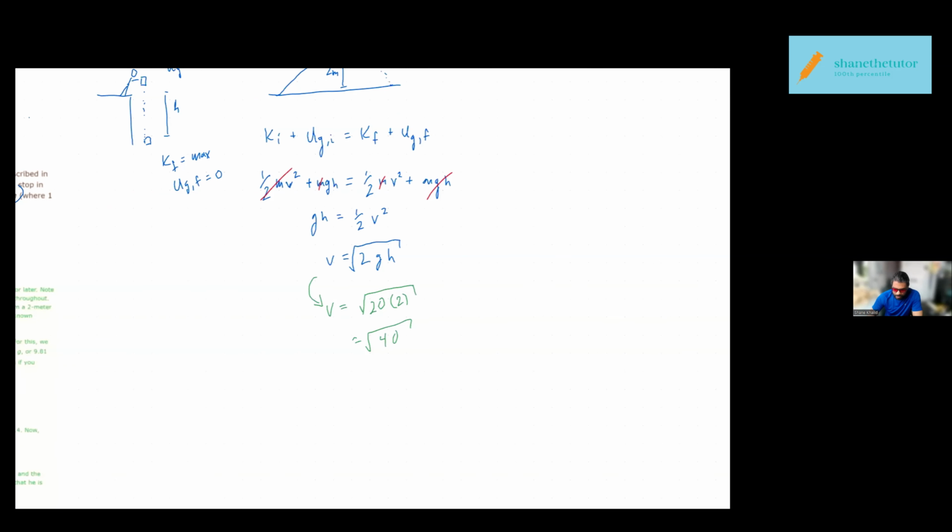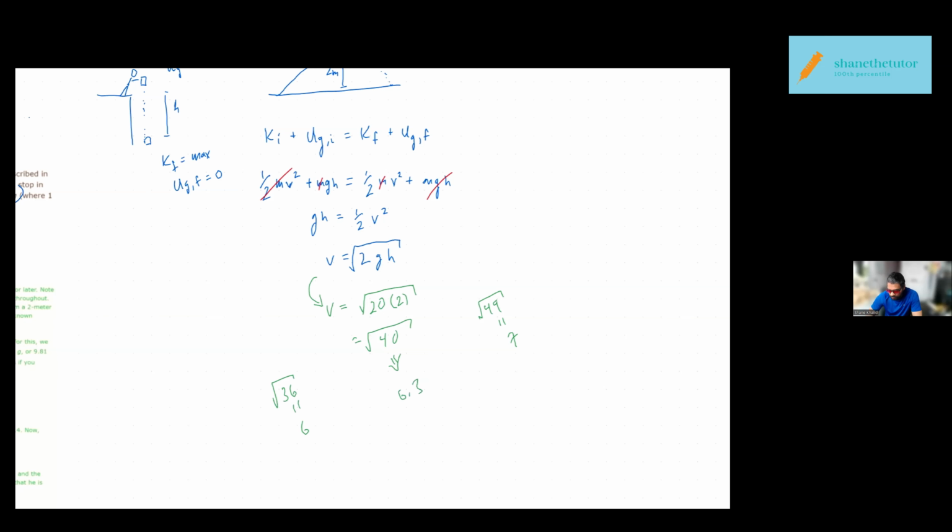Because we can have radical 36, which is a 6, that's below the 40. We can have radical 49, which is the 7, which is greater than radical 40. So our answer has to be, for radical 40, something between 6 and 7, right? It seems like it's 4 away from the 36, and it's 9 away from the 49, so I would say it's a little bit less than 6.5. I'm going to say maybe 6.3, something like that.